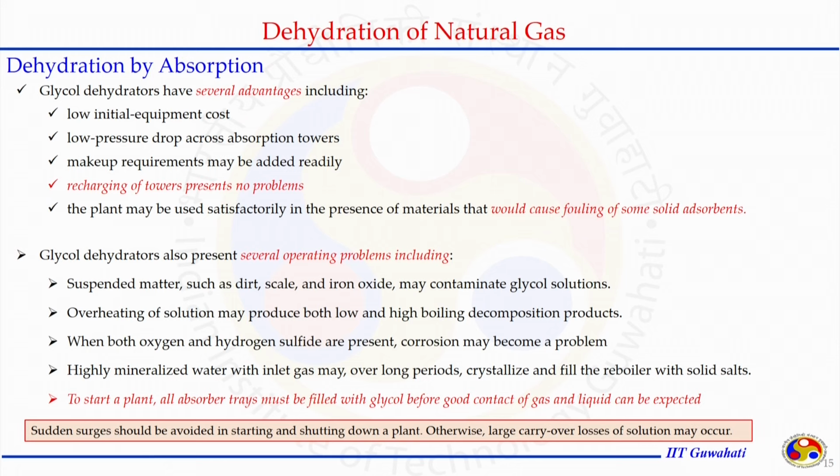The plant may be used satisfactorily in the presence of material that would cause fouling of some solid adsorbents.